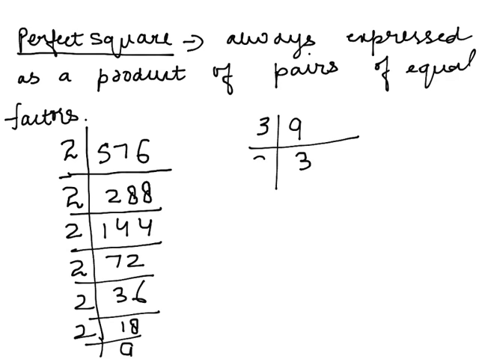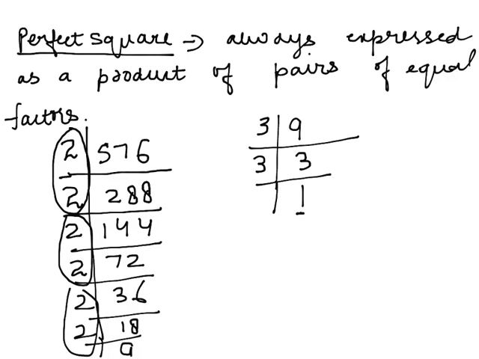We will carry forward until we get 1. So here now we'll start making the pairs. Here we have 2 in a pair, again we have 2 in a pair, here again we have 2 in a pair, and here we have 3 in a pair.